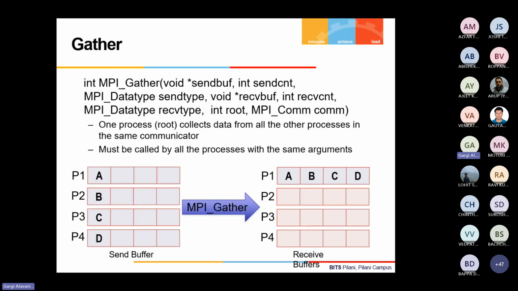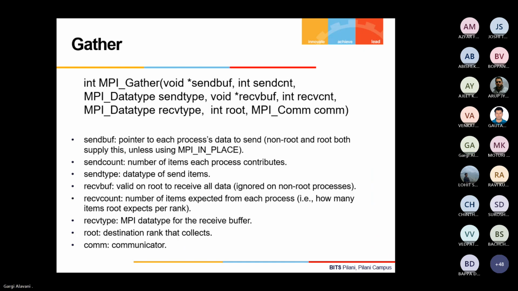We'll see two or three functions and then we'll go to the code. The next one is gather. Now in gather, as you can see in this figure, you have P1, P2, P3, P4. Each one has one element. And when you use the gather function, the root node receives all the data from all the nodes. So this function has a send buffer, which is a pointer to each process's data to send.